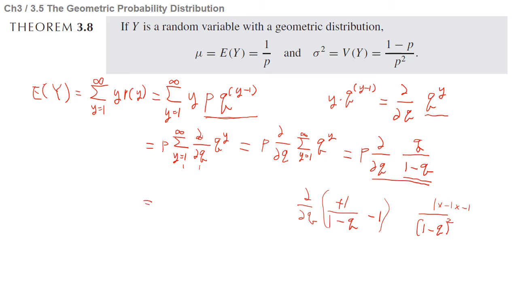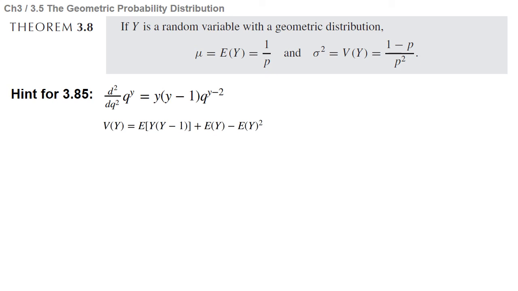So the result is p times 1 over 1 minus q squared. And since 1 minus q is p, this becomes 1 over p. So this is the solution for the first thing. Okay.